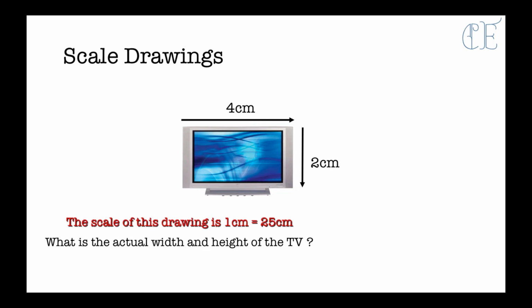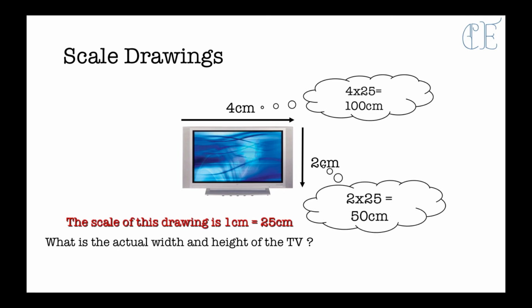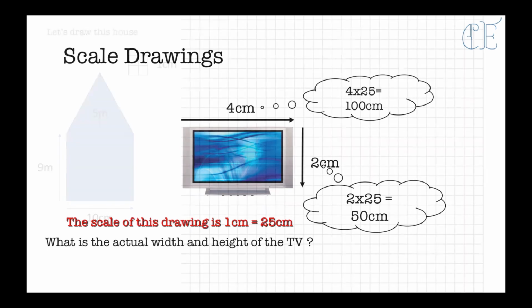Obviously we can't watch a TV that's only 4 centimetres wide, because it would be too small. So we need to times everything by 25, because we have 4 centimetres, not 1. So I need 4 lots of 25, giving me 100 centimetres. And then 2 times 25, giving me 50 centimetres. And you've found out the lengths of the sides.